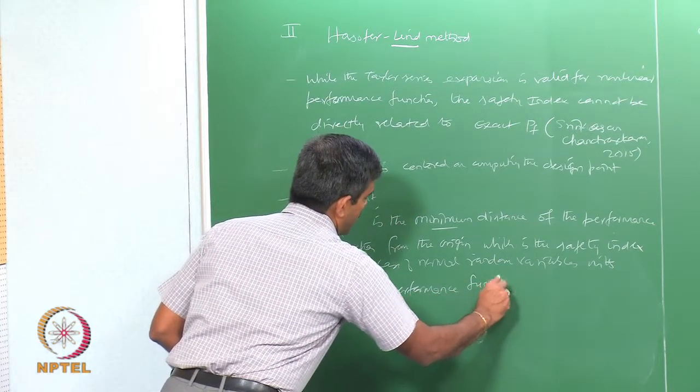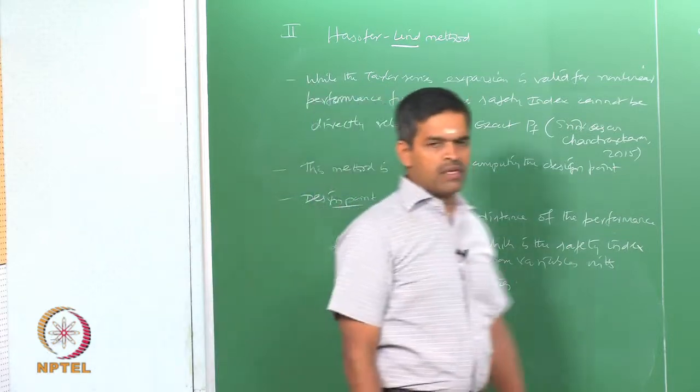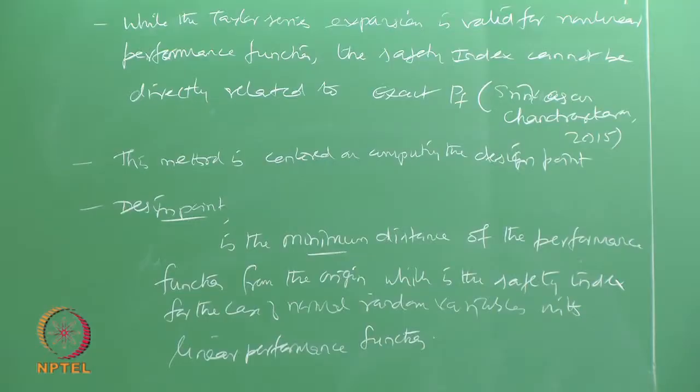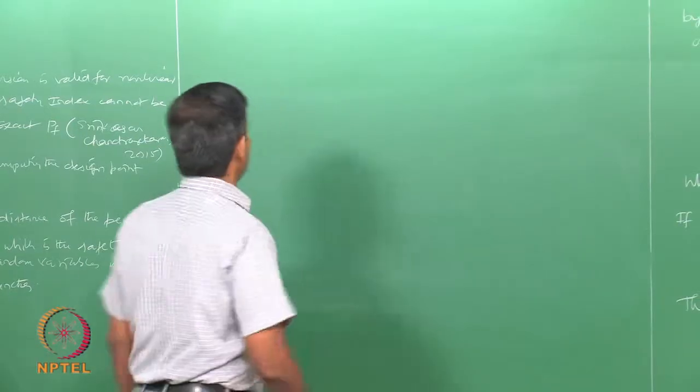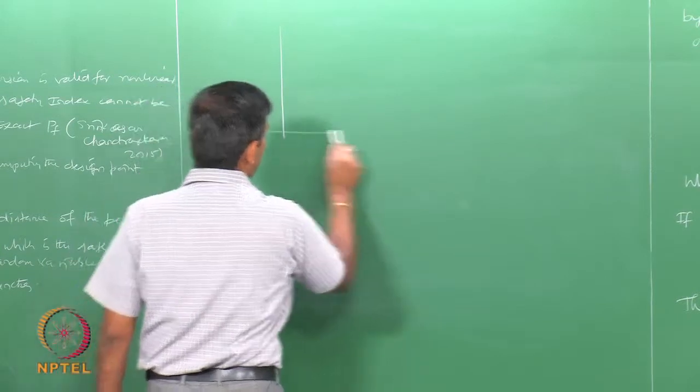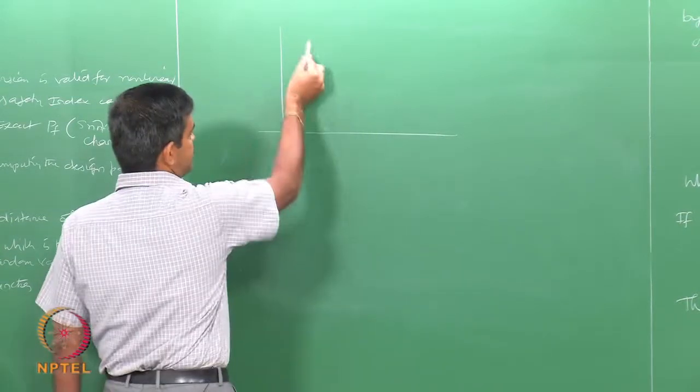Now, let us try to explain the physical difficulty in this whole technique. Let us take, for two variables, a performance function which is linear.